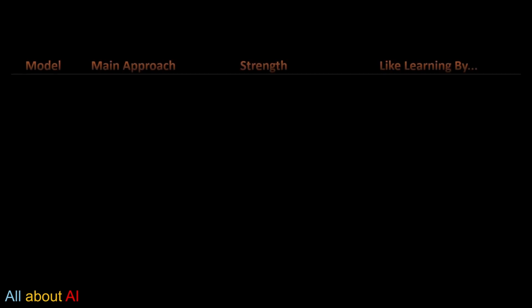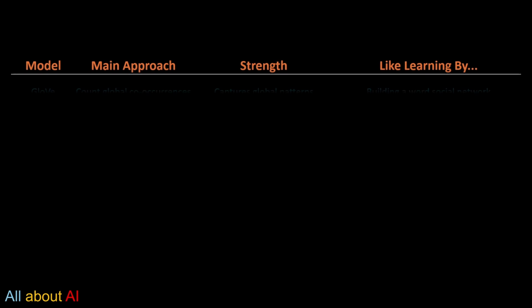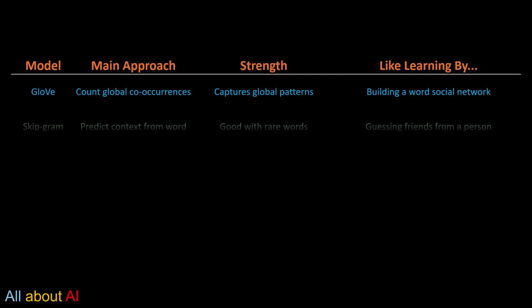Now, let's take a quick look at all these different approaches, what are the differences between them, what are their strengths, and in simple terminology, what they are. So GloVe is co-occurrence matrix based, and it's basically counting the global co-occurrences. It captures global patterns, and you can think of it like a word social network.